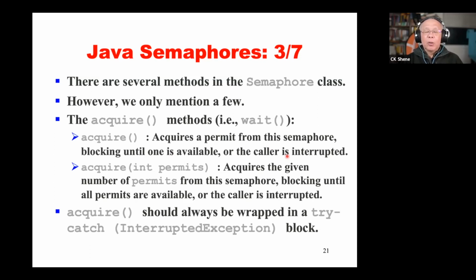So you know try-catch will be used. Now, Java provides something we did not discuss. You could acquire several permits. So acquire(2) means you want to acquire 2 permits from the semaphore.